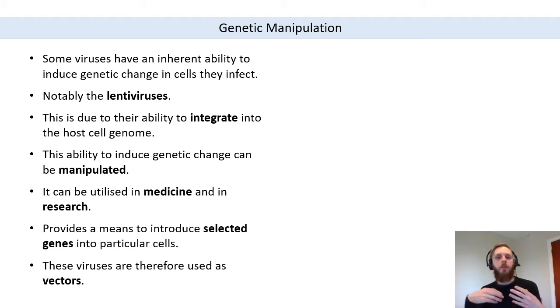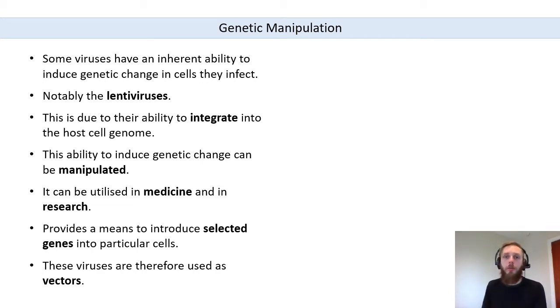First of all, we want to define this idea of genetic manipulation, because this is actually what we're talking about. We're talking about taking target cells and changing the genetic makeup of these cells. So fundamentally, that is genetic manipulation. Specifically, what we're usually talking about is introducing new genes into the cells. However, as you'll see as we progress through the lecture, that's not all we're talking about.